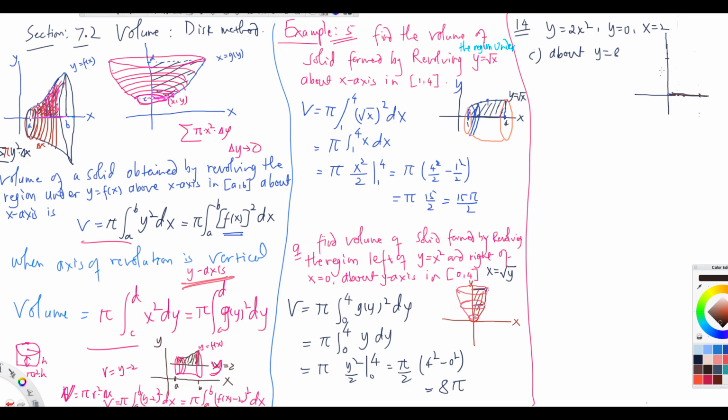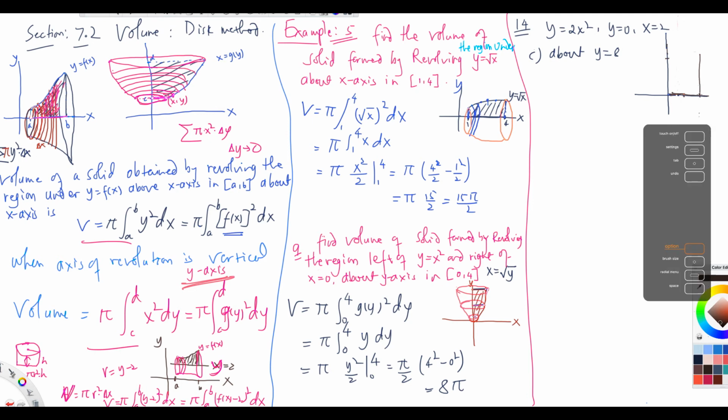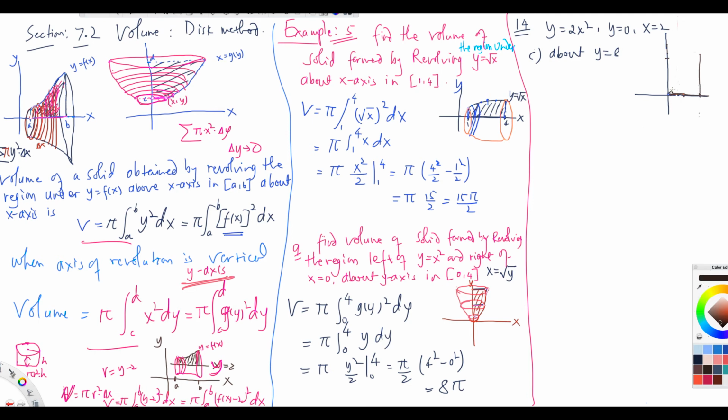This is x equals 1, this is x equals 2, and this is y equals 2x squared. You are trying to revolve this region, and this line is y equals 0. It is not actually a triangle, so let me draw it in a slightly non-triangular way.